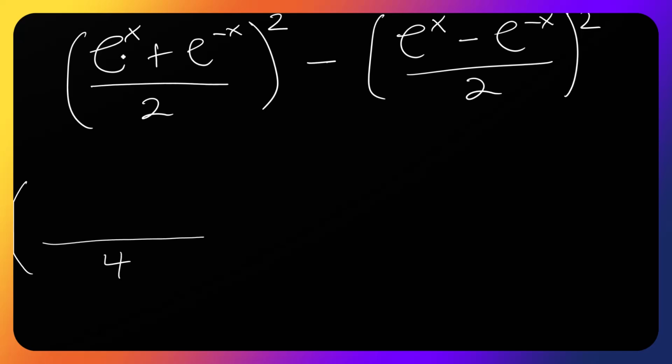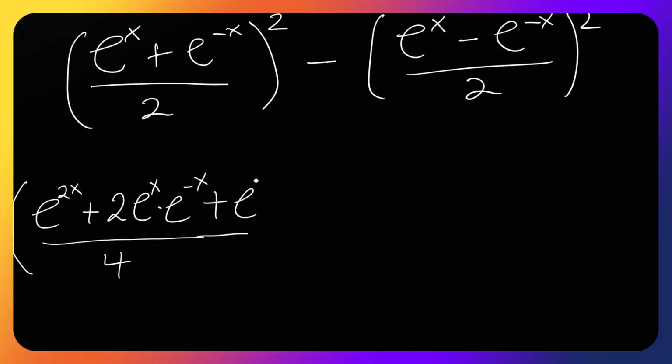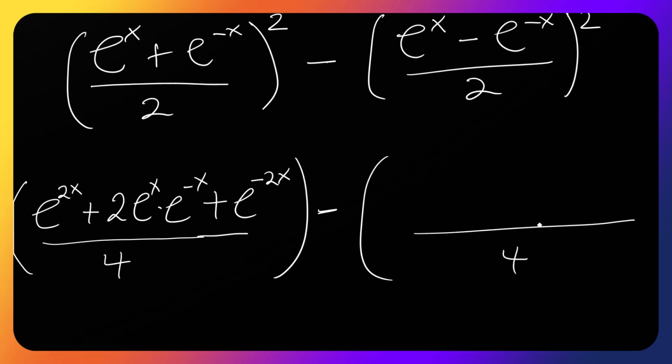So I will square this: that will be e raised to 2x, plus 2 times this times that, 2 times e raised to x times e raised to minus x, and I will square the last term, plus e raised to minus 2x. We have minus here, so this side is also over 4.